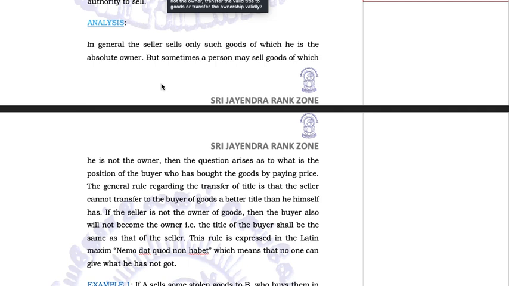The seller will sell whatever right he has. If he has no right, he cannot sell any right at all. The title of the buyer shall be the same as that of the seller. This rule is expressed in the Latin maxim nemo dat quod non habet, which means no one can give what he has not got. So a seller with a defective title cannot pass on a better title. He will pass on only a defective title.